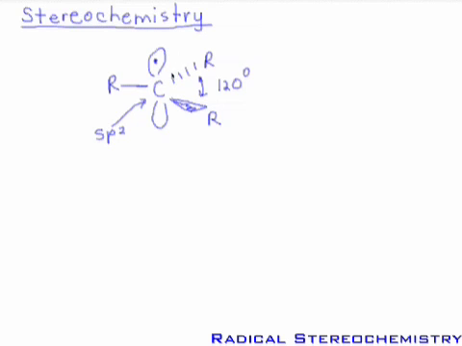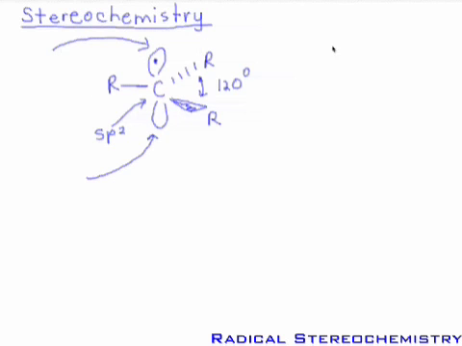What happened in the SN1 reaction mechanism when you did nucleophilic attack on a carbocation? Do you remember? What happened to stereochemistry? That's right. Your nucleophile could attack either site equally. There was a 50-50 chance of coming in either above or below.